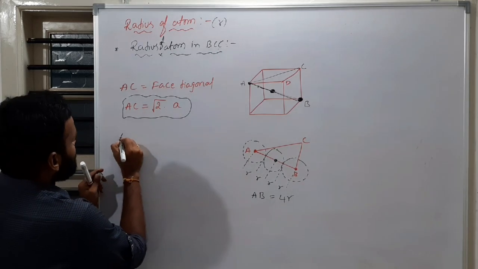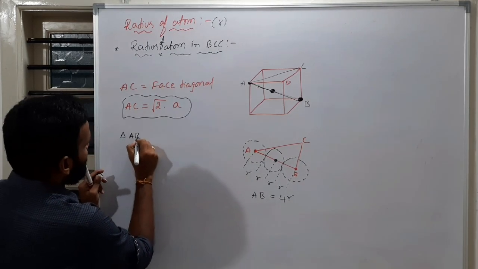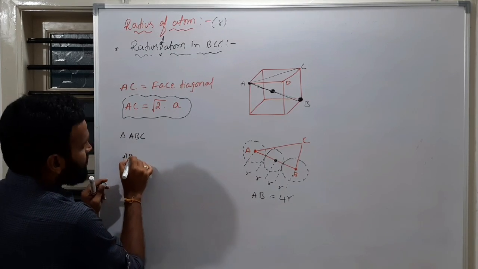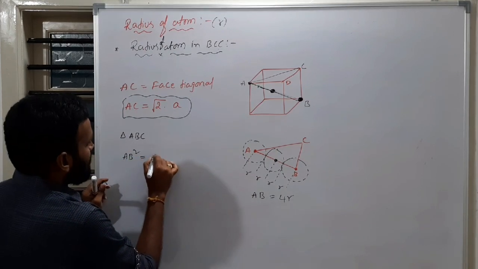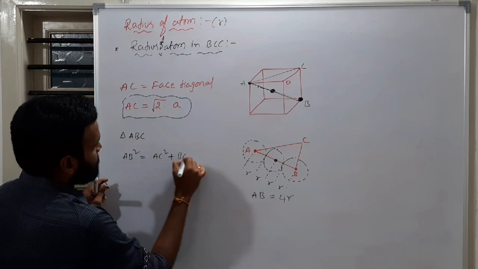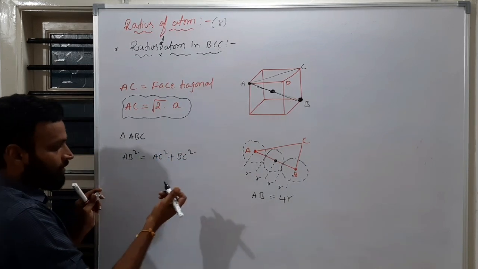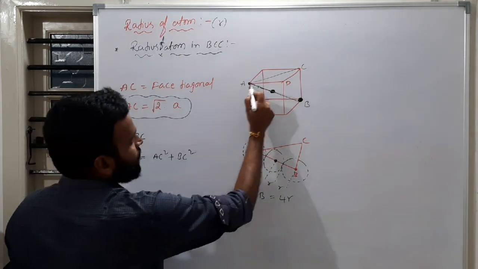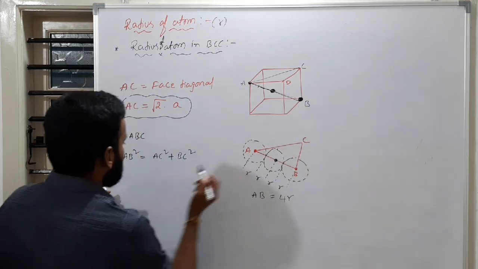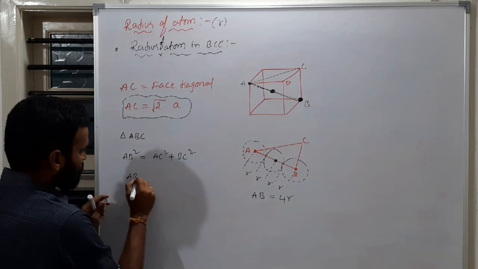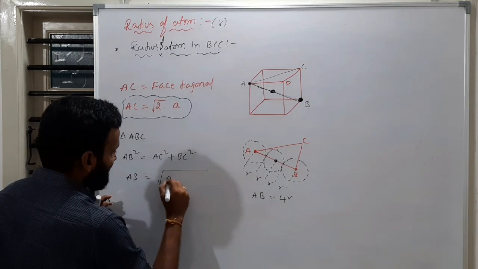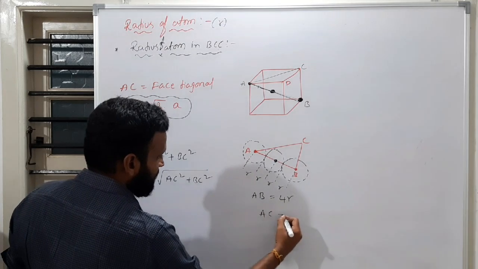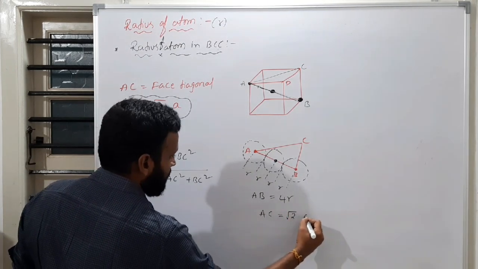Now consider this triangle ABC again. What can you write? AB square is equal to AC square plus BC square. So AB is root of AC square plus BC square. AC is root 2A.